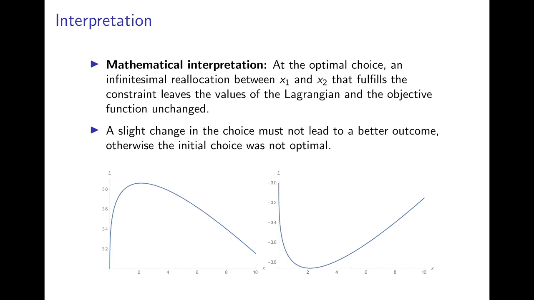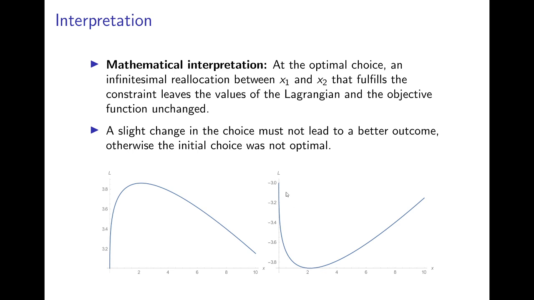And that's the reason why the first derivative with respect to the choice variable has to be equal to 0. Now we see that at this point, a slight change in the choice variable must not be able to increase the objective function further, because otherwise the supposedly optimal choice would not have been optimal in the first place. And of course, the same reasoning holds for a minimization problem.